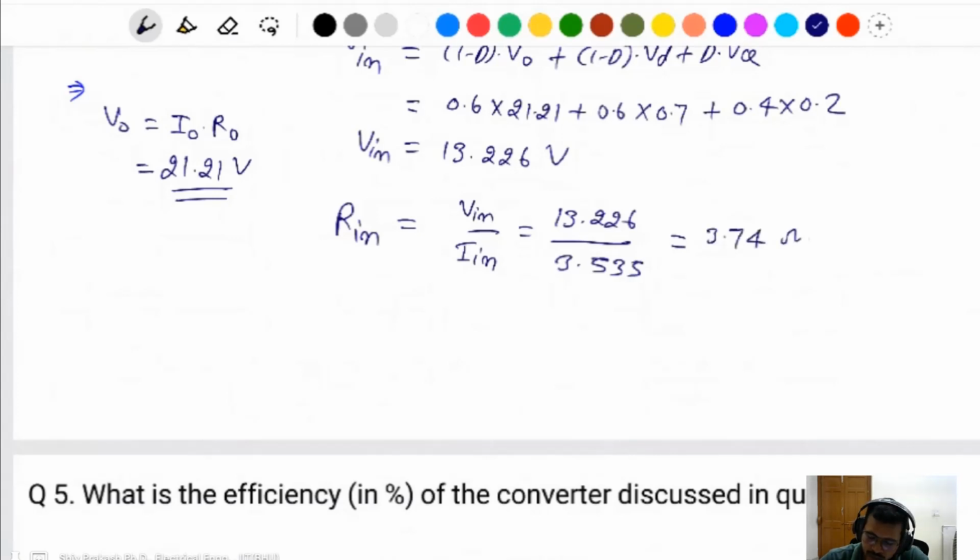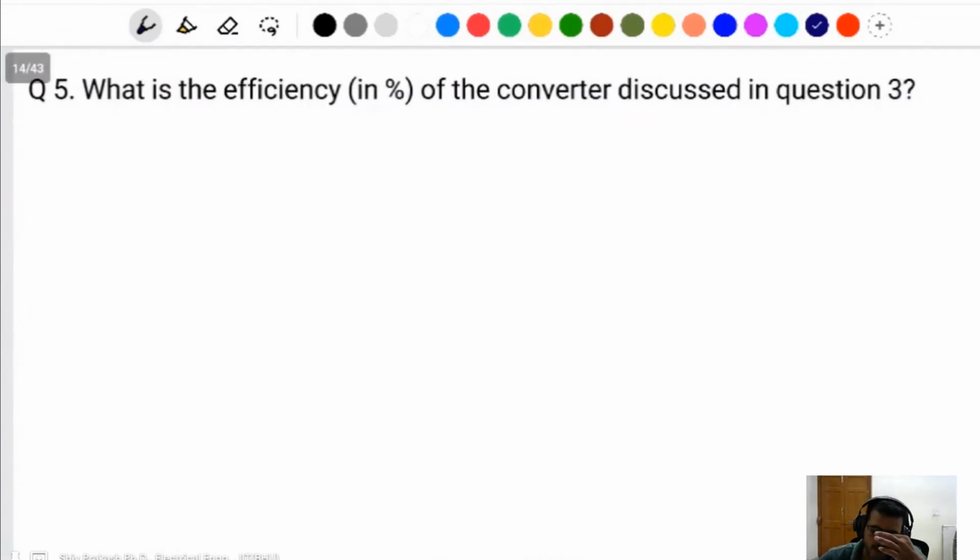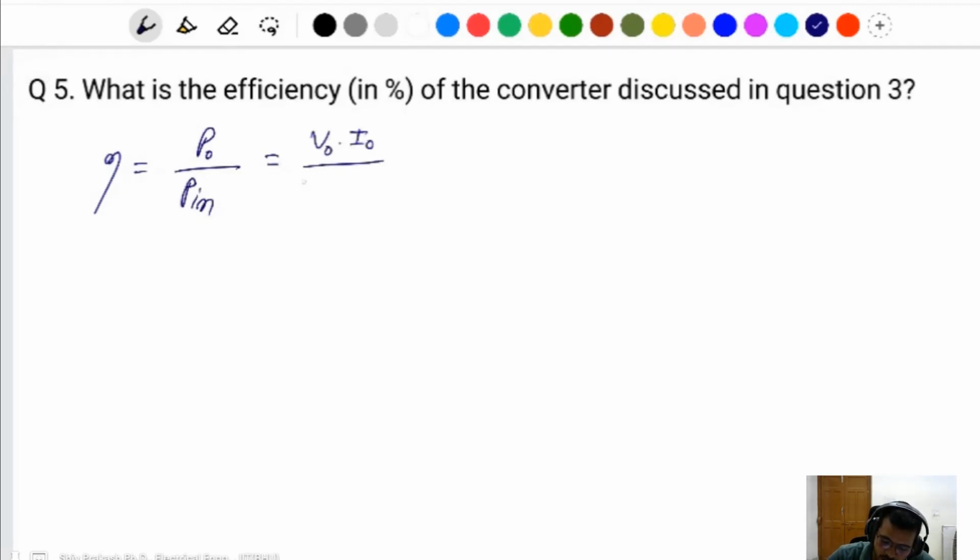Okay. Next question, what is the efficiency of the converter? Same as question 3. You know about the efficiency: the output power divided by the input power. Output power is V output times I output, input power is V in times I in.